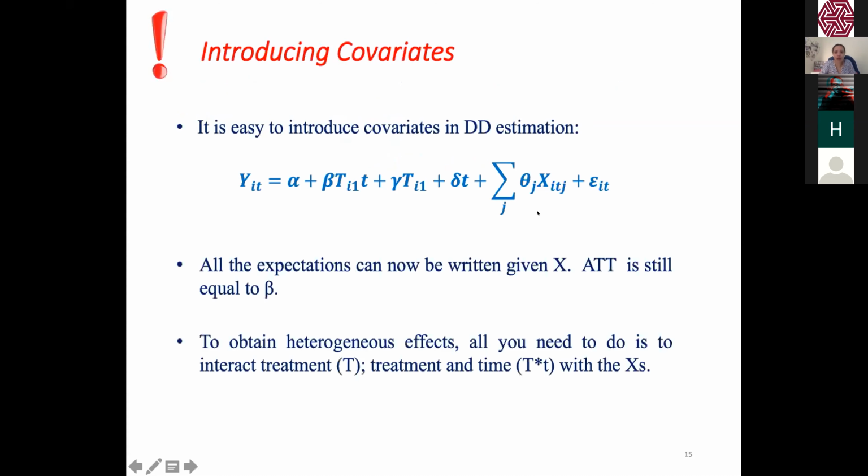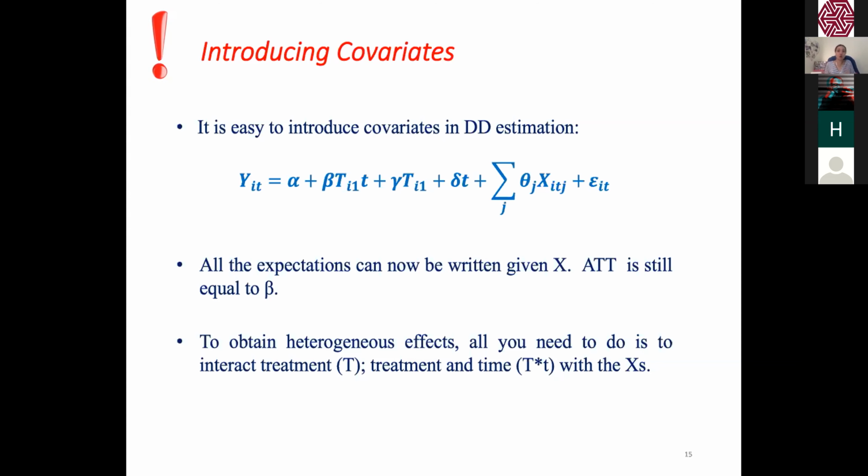If we want to have heterogeneous effects, because this shows you the average treatment on the treated among all individuals, maybe I want to differentiate between the impact on male-headed households and female-headed households. In this case, I have to interact the treatment dummy variable with the time dummy variable and with the sex of the head of the household, and it will give me two different values of beta: beta for the female-headed household and beta for the male-headed household.